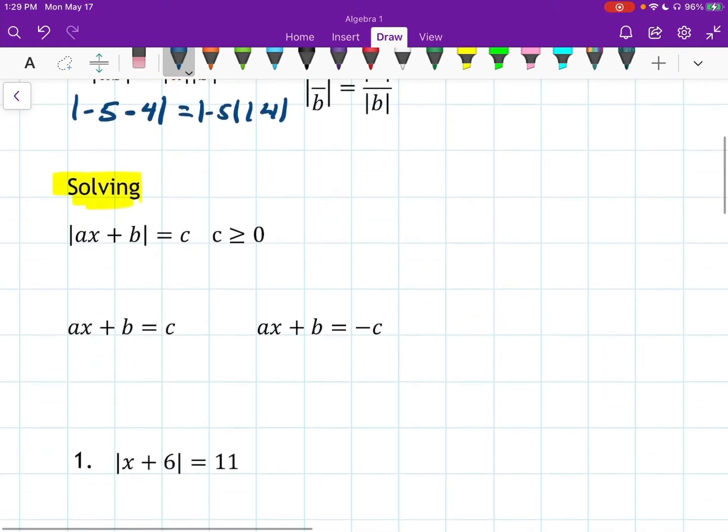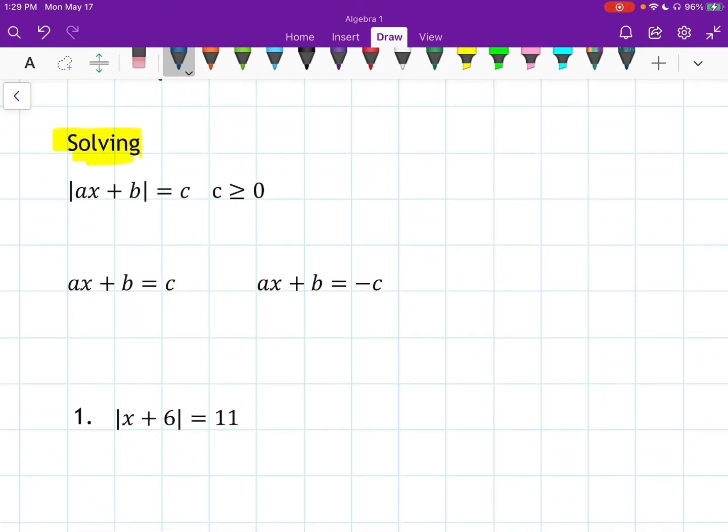Let's get to solving. Anytime we have something where there's a variable, and this would be something like |5x + 6| = 3, like that. The variables inside the absolute value bars, whatever it equals has to be bigger or equal to 0, right?